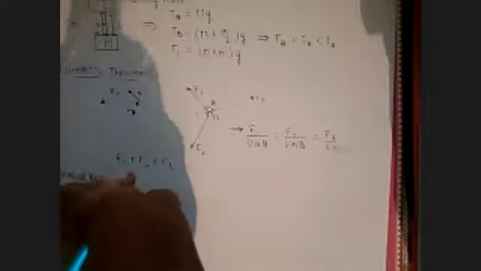We will see some examples of the normal reaction. Normal reaction is the force which always acts perpendicular to the contact surface. Whenever there is an object, the normal force always acts perpendicular to the contact surface.